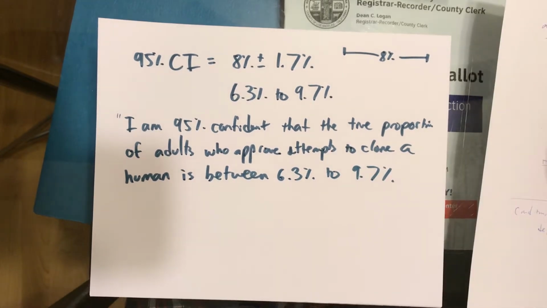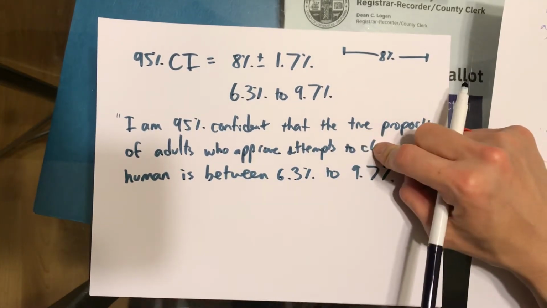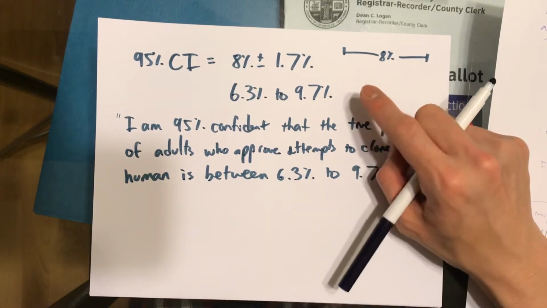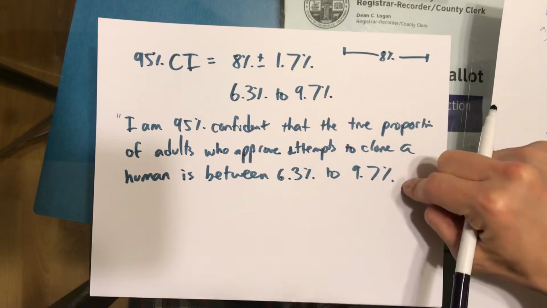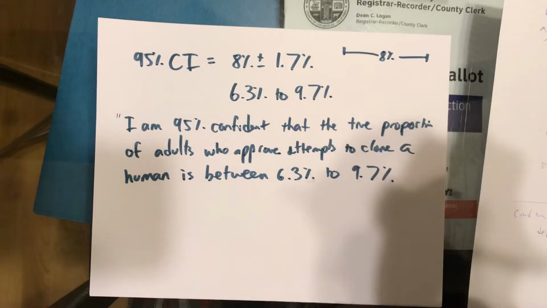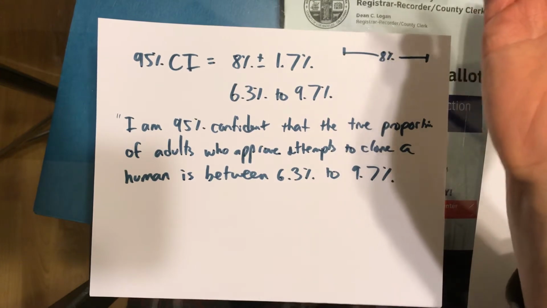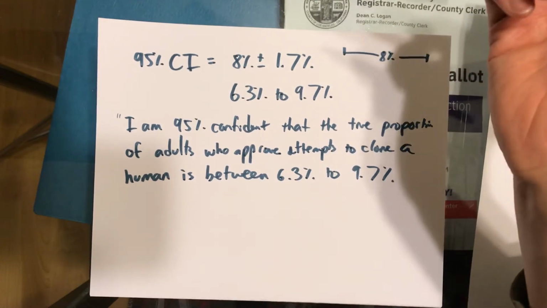Remember, what we're trying to do with confidence intervals is infer something about the population based off of our sample. We don't know what the population parameter is. We don't know what percent of adults approve of attempts to clone a human.